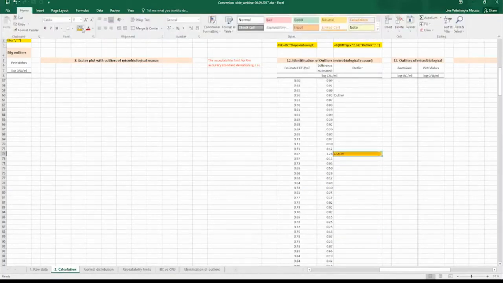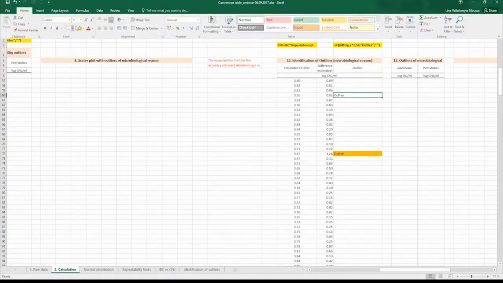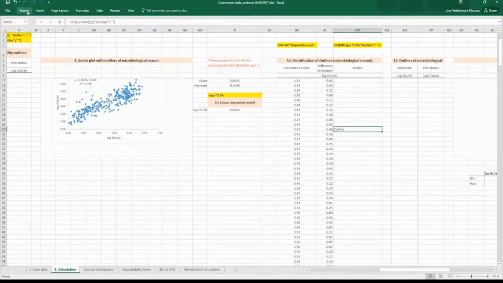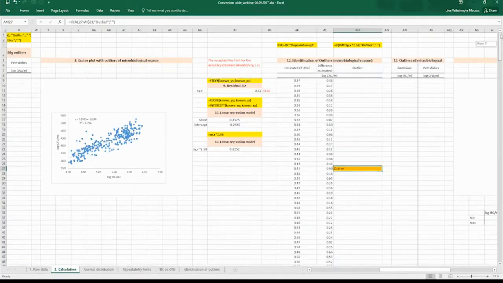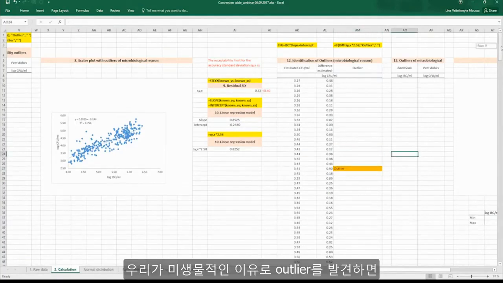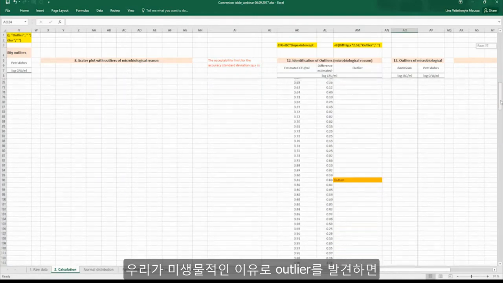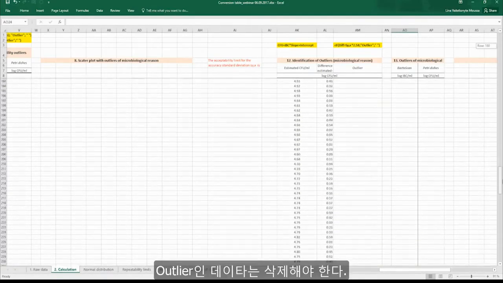One more. When we identified outliers of microbiological reason, this dataset has to be removed.